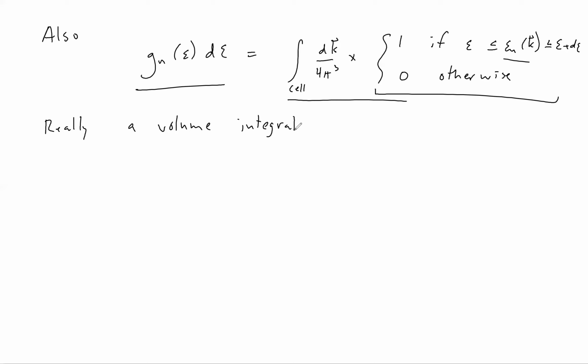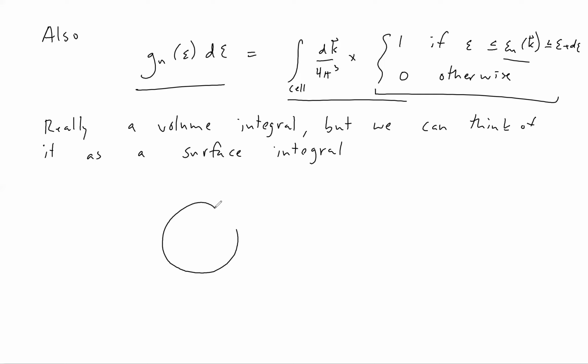So let's do the following. Let's define a surface in energy space. I'm going to call this surface Sn of E. This is the surface of constant energy E in the nth band. This surface is in k space.